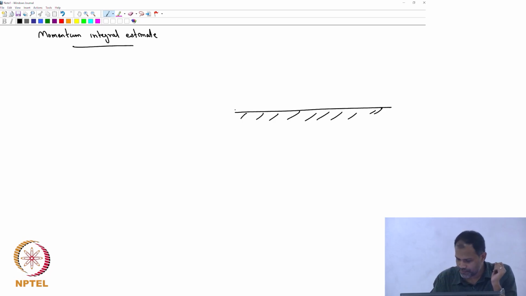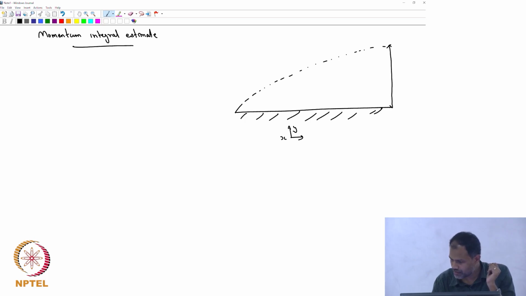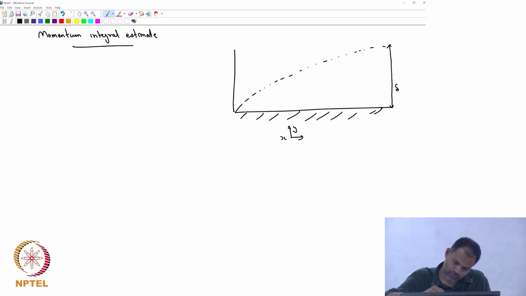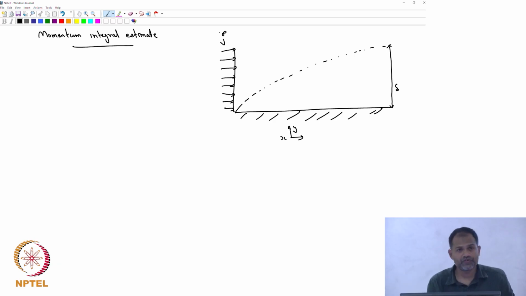My solid plate, my boundary layer, x, y, delta, the boundary layer thickness, the uniform velocity, u infinity.